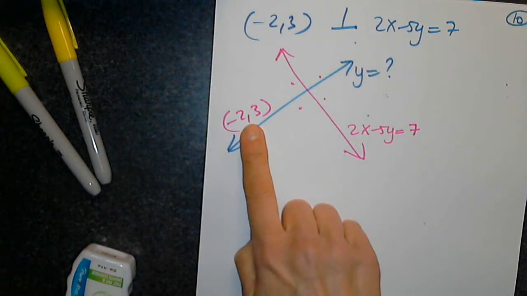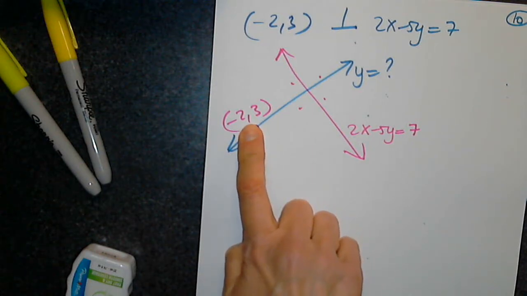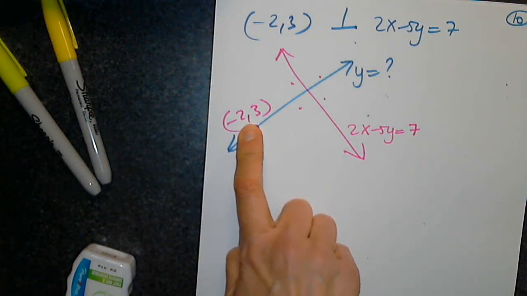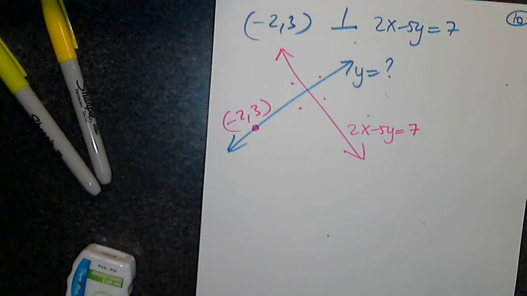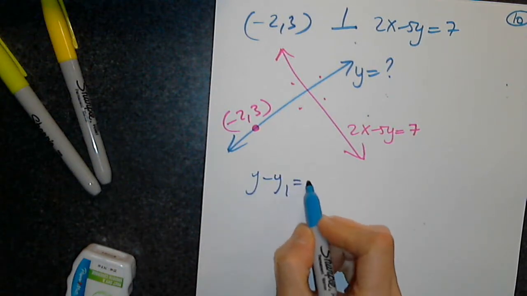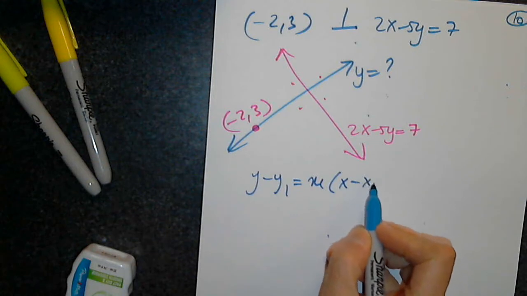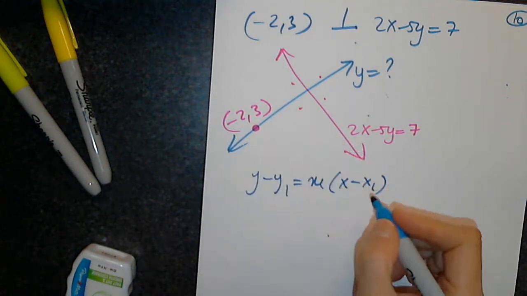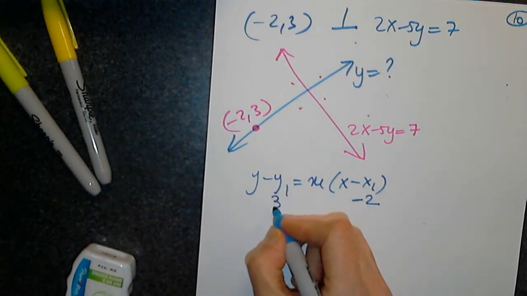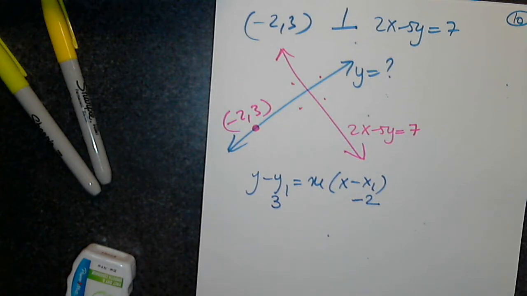Is this the y-intercept? No, it's not 0, so it's not the y-intercept. So I have to think of y minus y1 equals the slope times x minus x1, in which I have x1, which is negative 2, and y1, which is 3. But I don't have a very important piece of information, the slope.